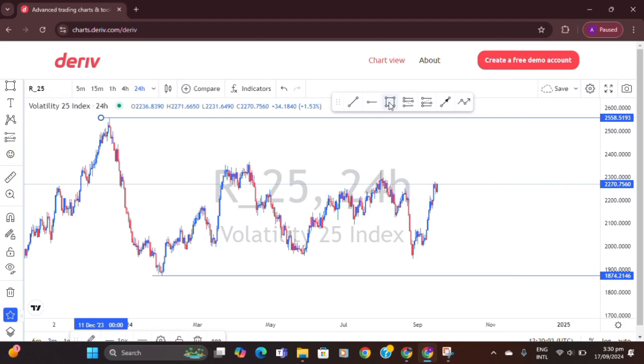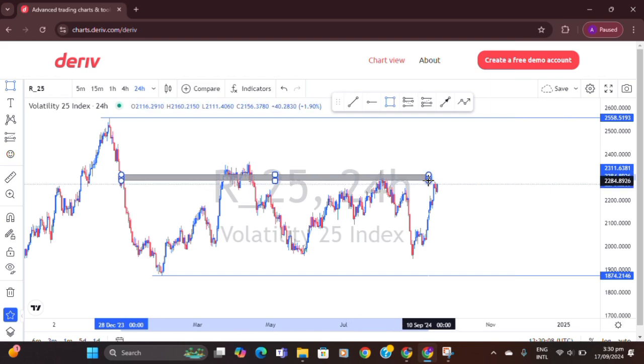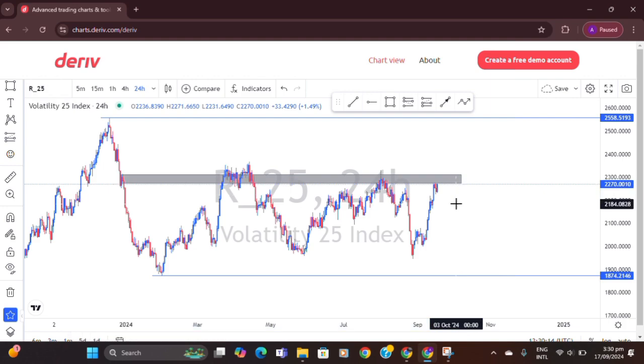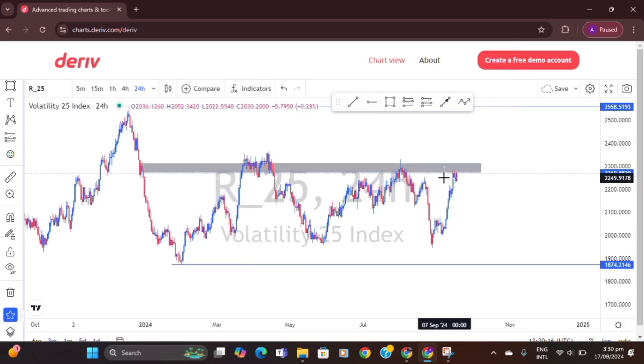So what you want to do is look for strong areas or major resistance or support levels. So this is one of my strong levels that I've seen. Why did the market slow down here?